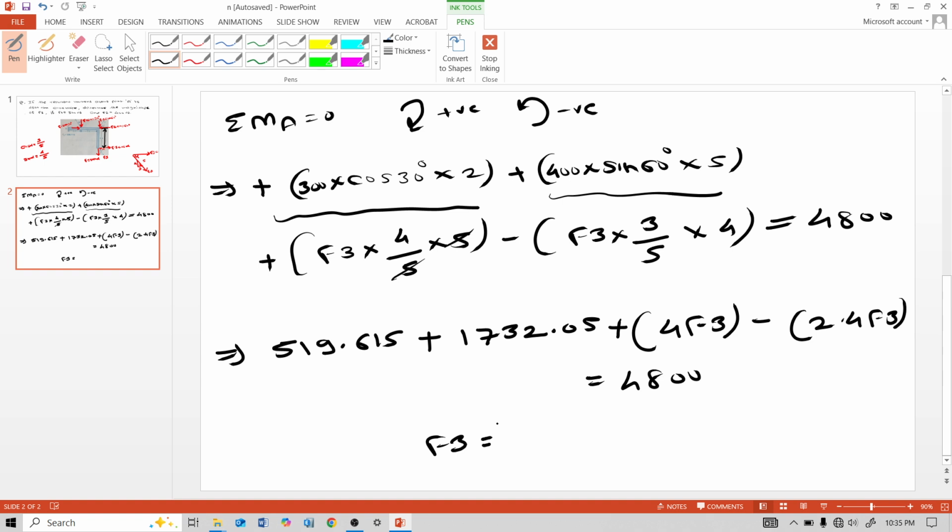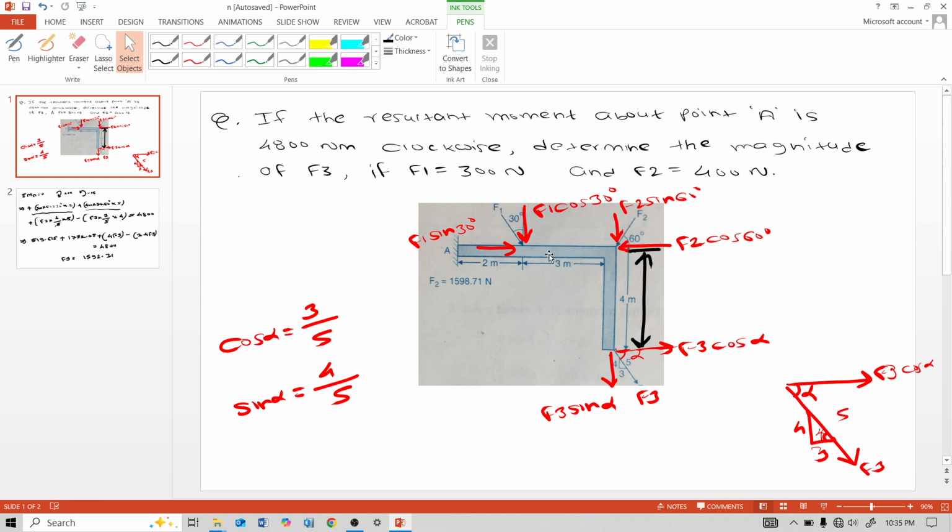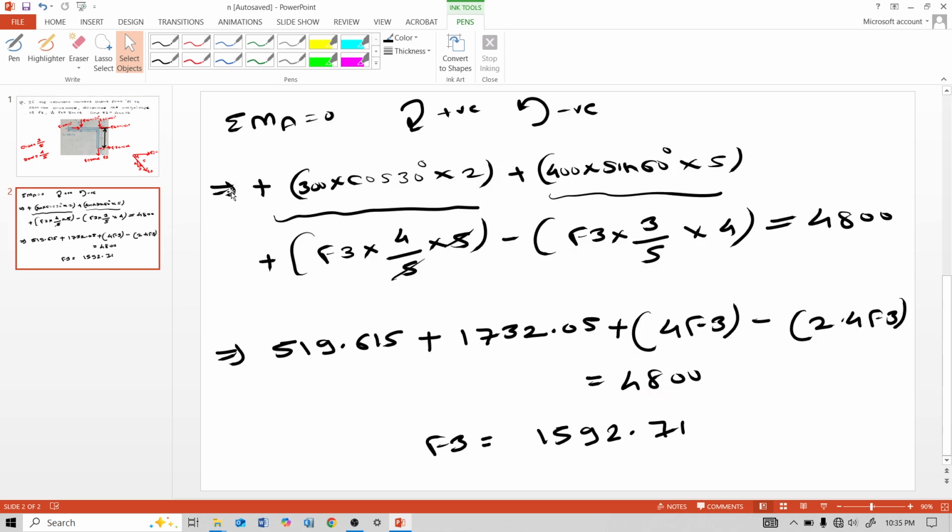So F3 is 1592.71, and what is the unit? See here, all forces are in Newton, 300 Newton, 400 Newton. So the unit is Newton because it is force. So F3 is 1592.71 Newton.